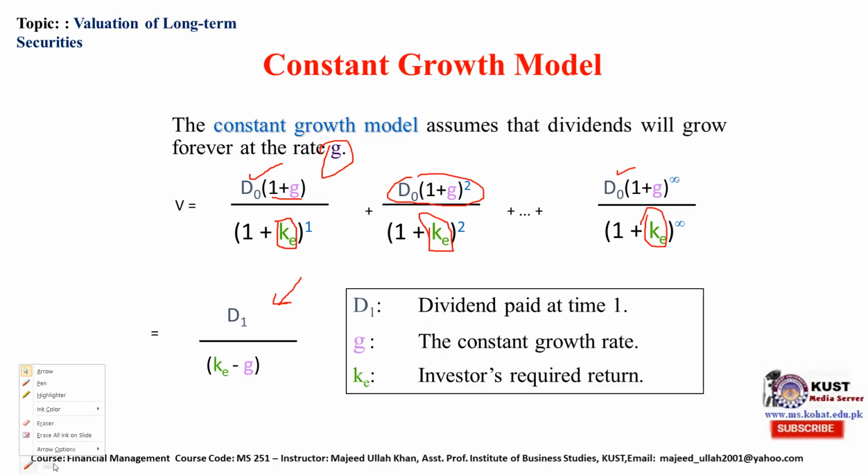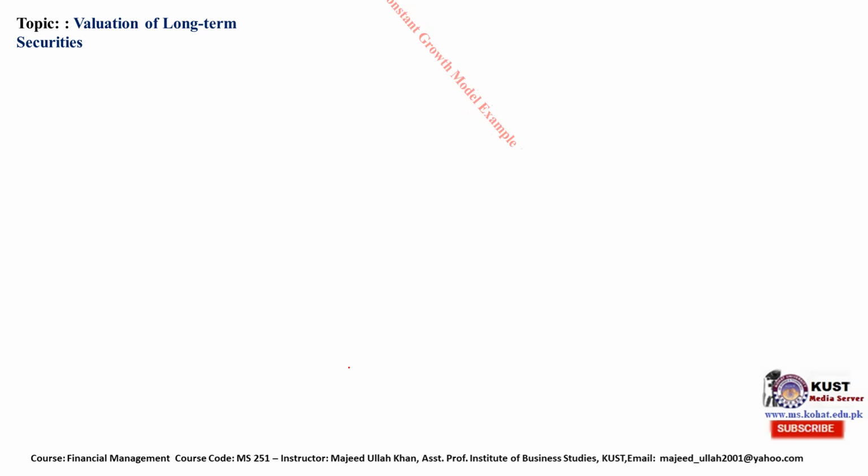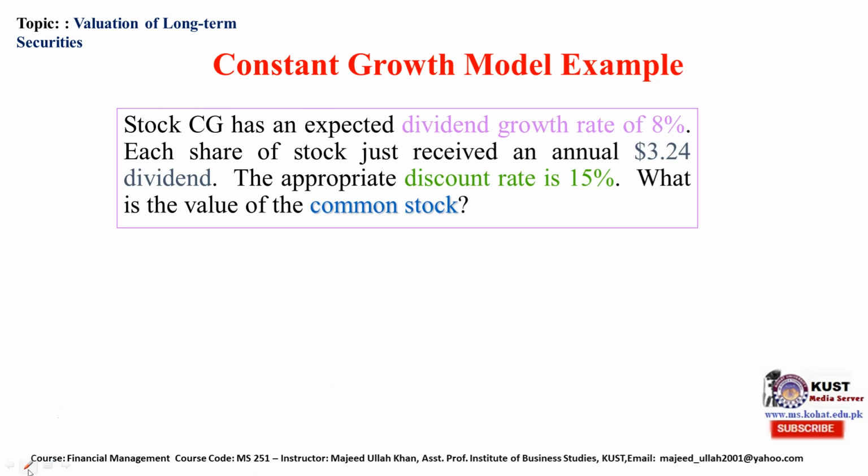D1 is the dividend paid at time 1, meaning if you are standing at time 0, D1 will be the dividend at the end of the year or at the start of the next year. g is the constant growth rate at which the dividend is going to increase. ke is the investor's required rate of return. This is the constant growth model. We will discuss an example of the constant growth rate in the next slide.